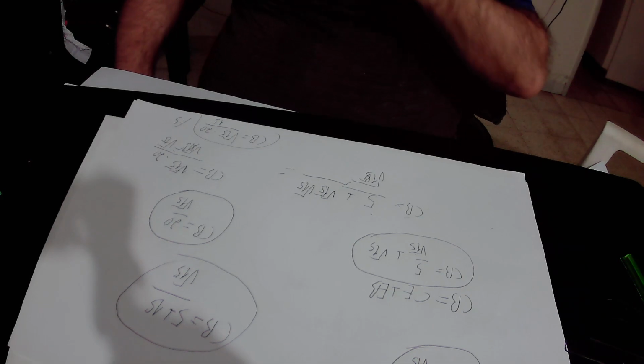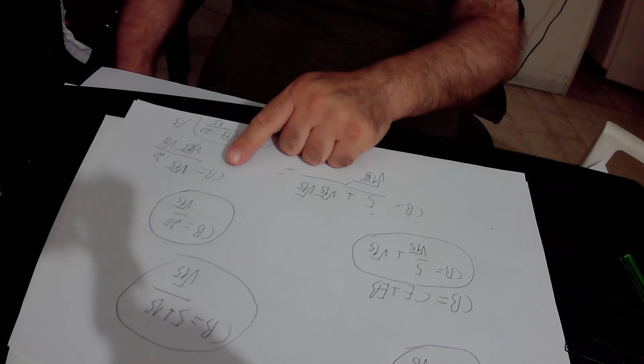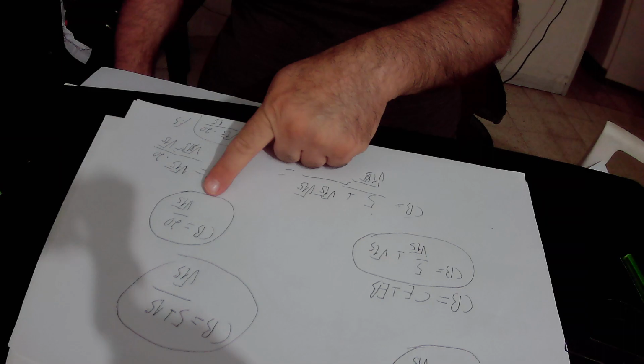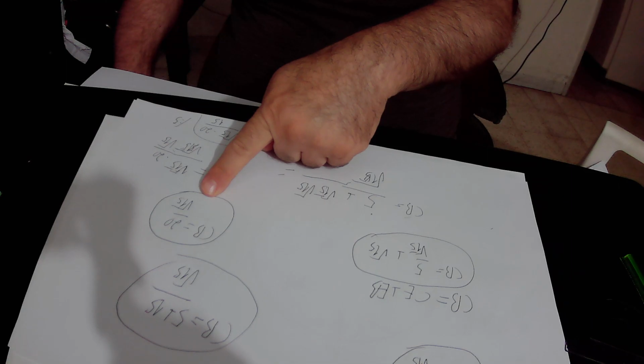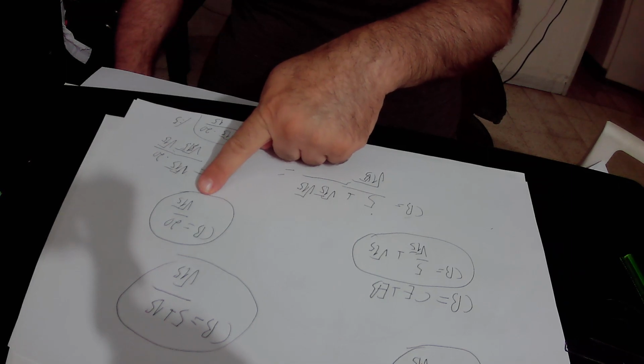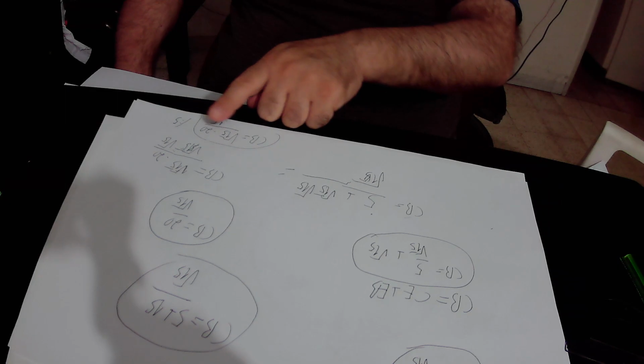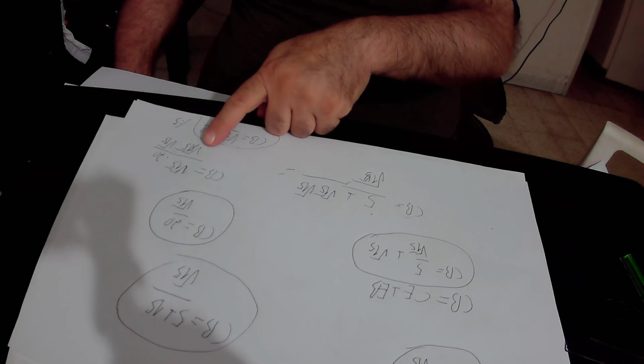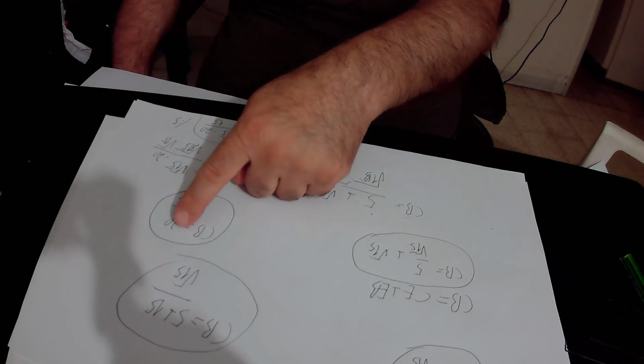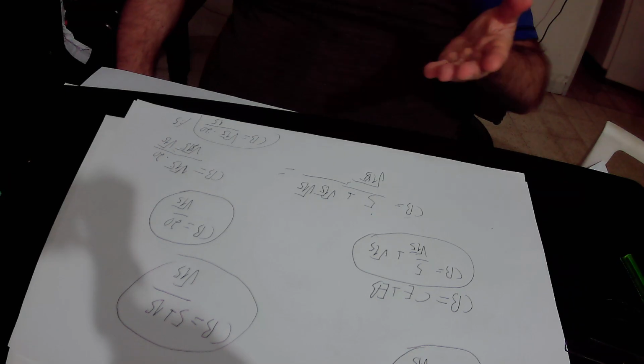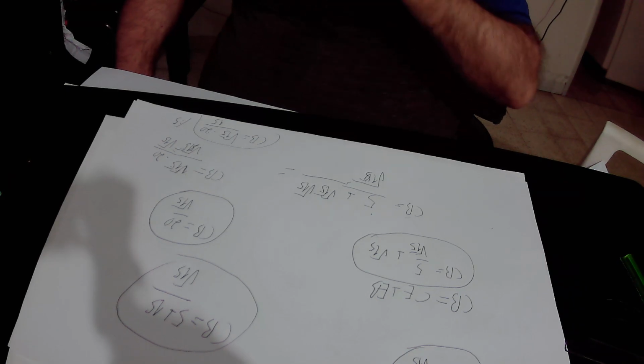Then we multiplied this expression by the square root of 15 and then divided by the square root of 15 in order to eliminate the square root in the denominator. We change nothing because we multiplied by 1.